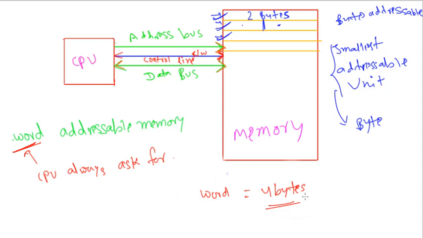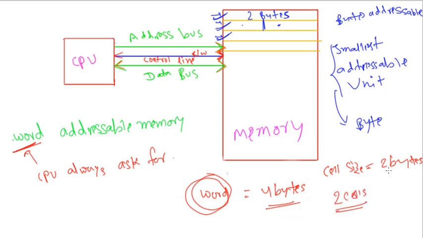It doesn't care about your memory cell size. It doesn't care whether your memory is byte addressable or 2 byte addressable or word addressable. It only cares that it always wants one word in return. For a particular example, let's say my cell size is 2 bytes but my word size is 4 bytes. Then at every request, memory has to return 2 cells, because cell size is 2 bytes and word size is 4 bytes.